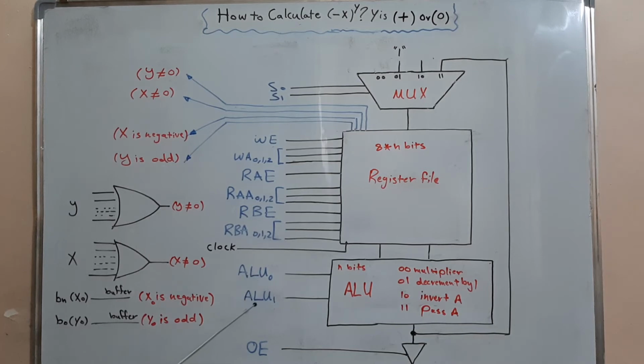ALU0 and ALU1 are to choose a mathematical operation that can occur inside the ALU. And finally, OE is to enable the output through the gate.